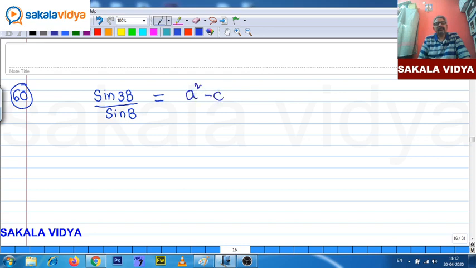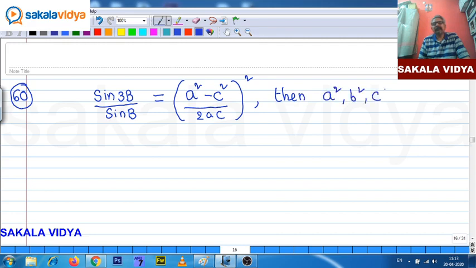A square minus c square upon 2ac whole square. Then a square, b square, c square are in... That means, write down, I have forgotten, in triangle ABC. Otherwise the question is not valid. In triangle ABC.